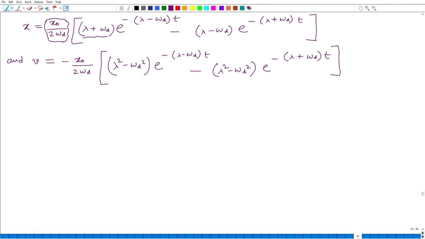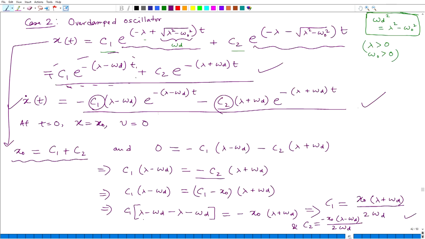If you are done with this expression, then you can easily understand that it is a very interesting one, because lambda squared minus omega d squared is nothing but omega 0 squared from this one. So lambda squared minus omega d squared is omega 0 squared.